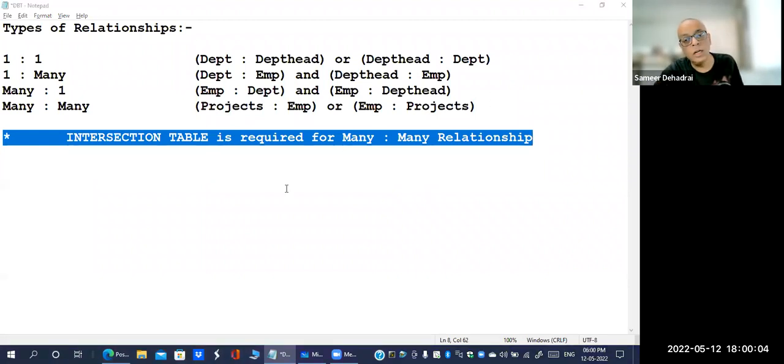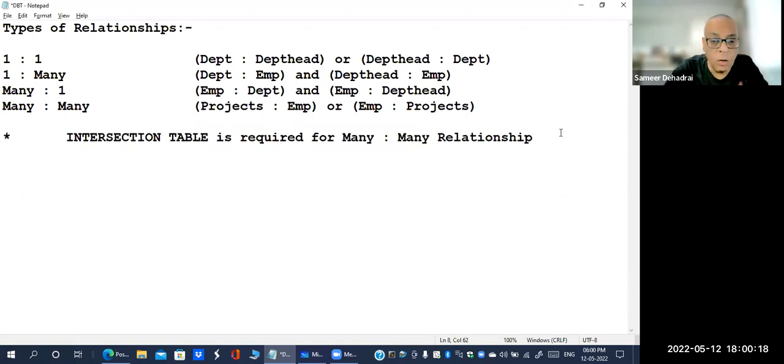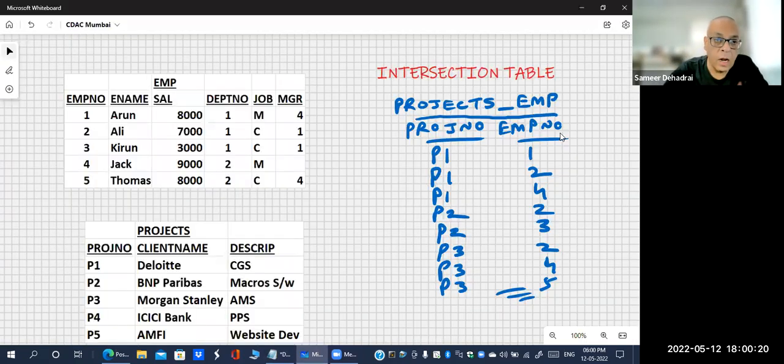So here is the thing. Students, if you want to see the e-name and you want to see which project he's working on, you'll have to join all the three tables, isn't it?